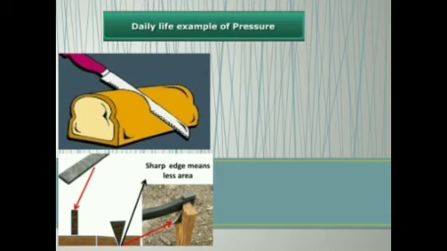Since pressure increases with decrease in area, cutting tools such as knives and needles reduce the area of contact so that they exert great pressure with a comparatively small force.